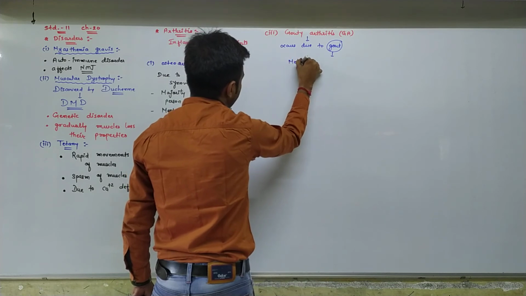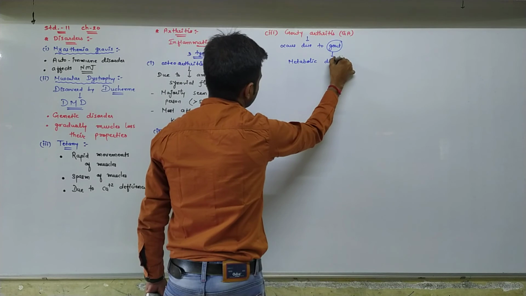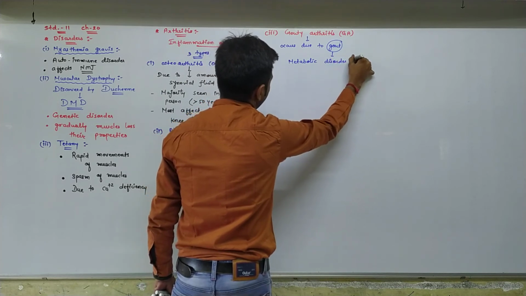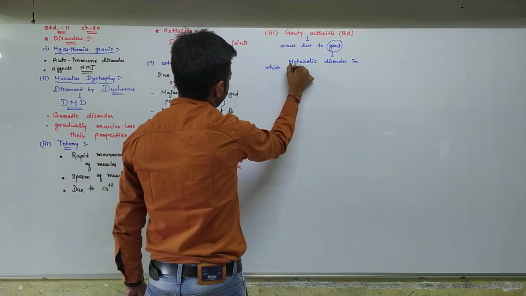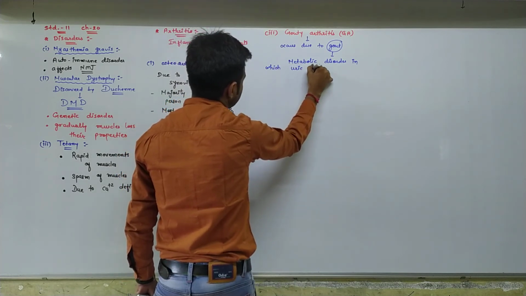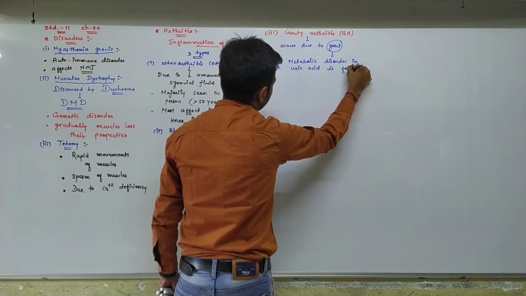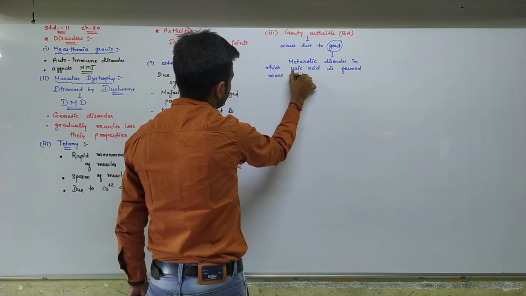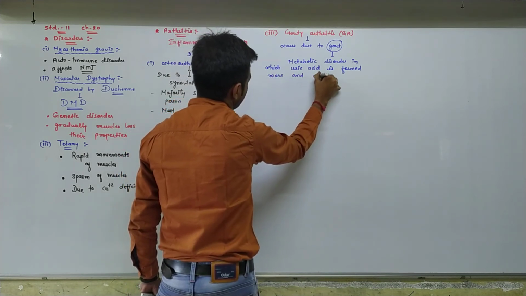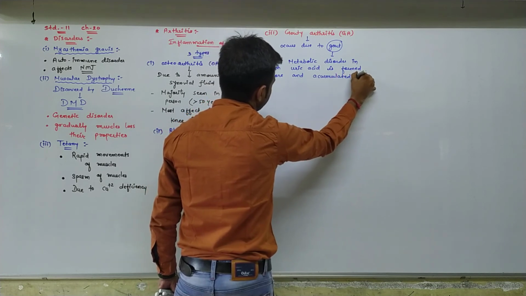It is a metabolic disorder in which uric acid is formed more and accumulated in joints.